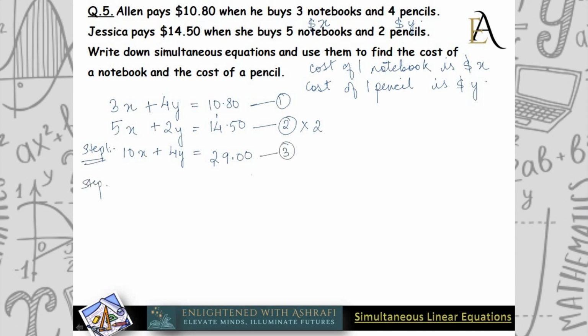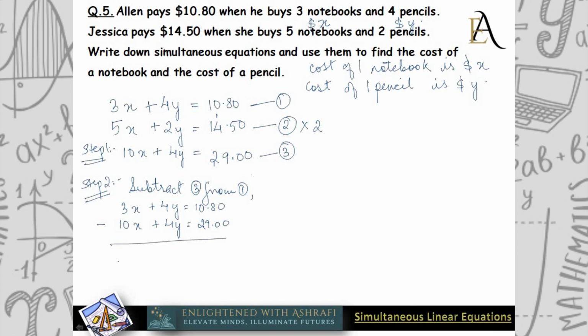Now in step 2, we will subtract equation 3 from 1, since we have rearranged equation 2 to 3, so we'll take 1. So let's rewrite it again. 3x plus 4y is equal to 10.80 minus 10x plus 4y is equal to 29.00. Let's subtract it.